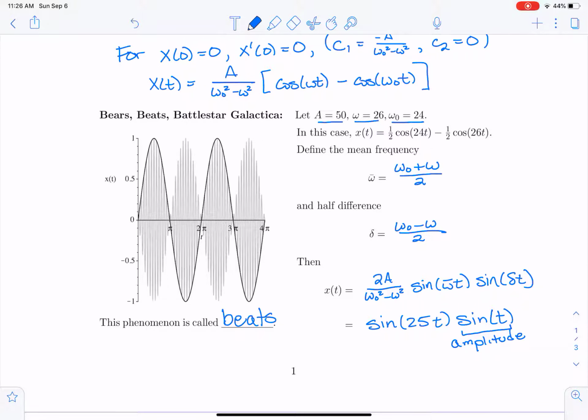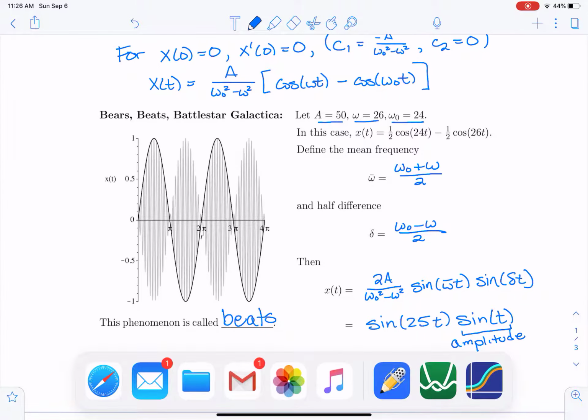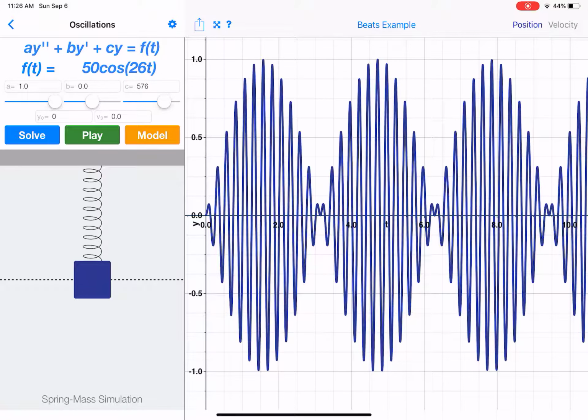I'd like to show you what a mass spring system would look like that's experiencing this behavior of beats. So what I'm going to do is open up Slopes, and I already have the system loaded in here, where A is 50, omega naught is 24, so you can see the constant C is 24 squared, or 576, and then this is driven at a frequency of 26.